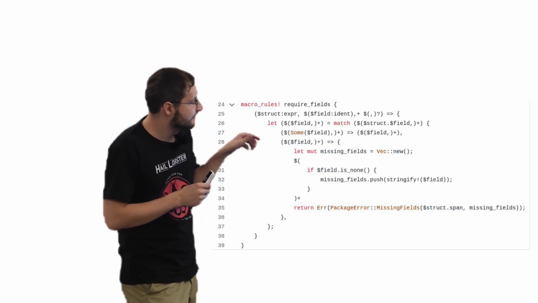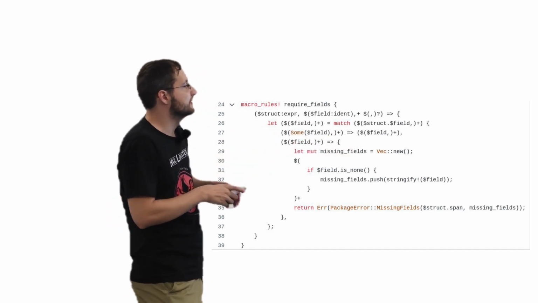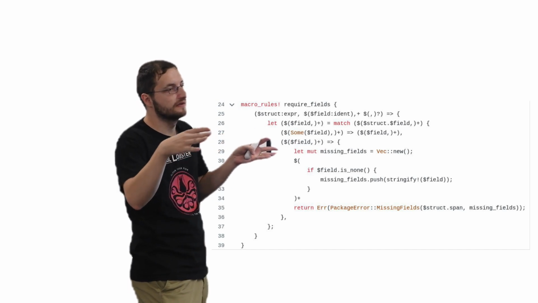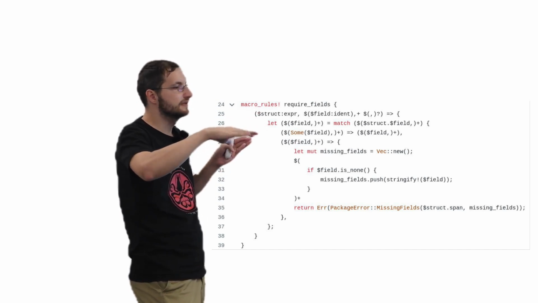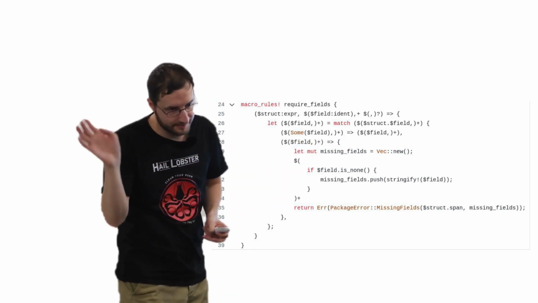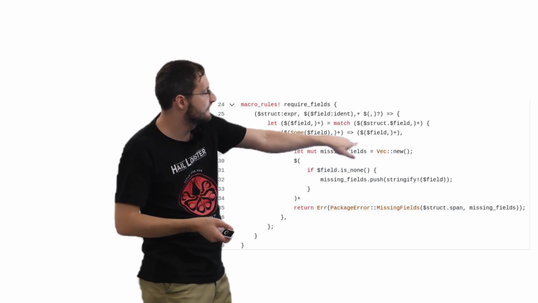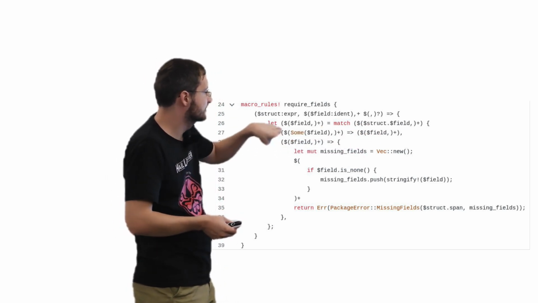I have plans for improving this. But the idea is that there is a match whether every one of the required fields is set. And if it is, I will share the slide, so don't worry about it too much. But the idea is, if every field is set, then we just return.